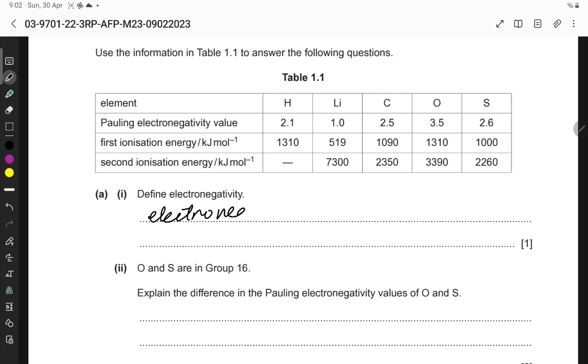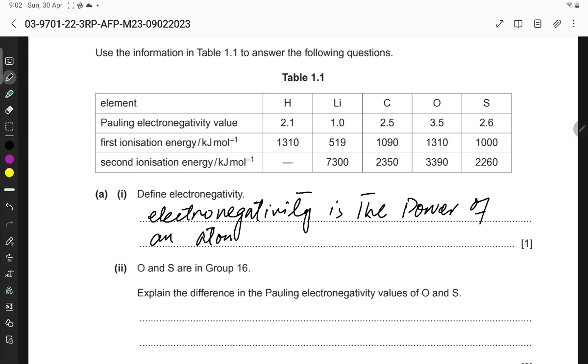Electronegativity is the power of an atom to attract electrons to itself.